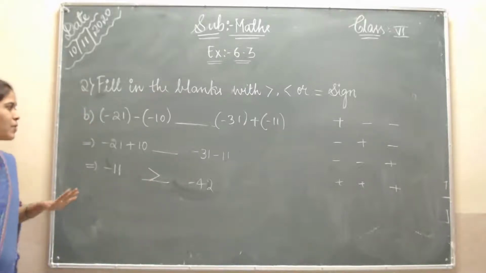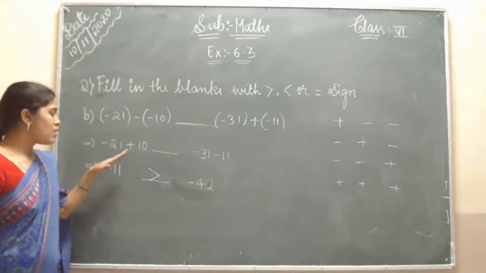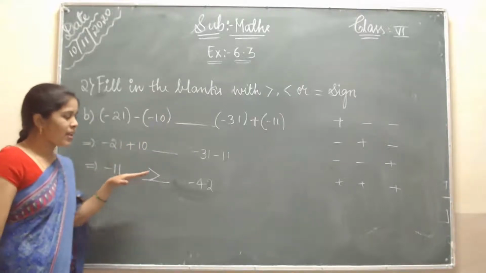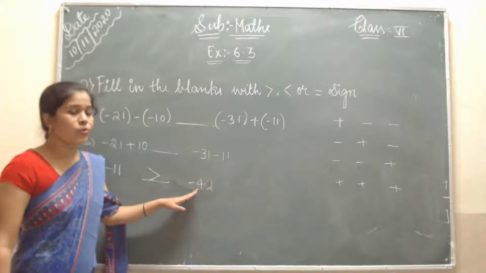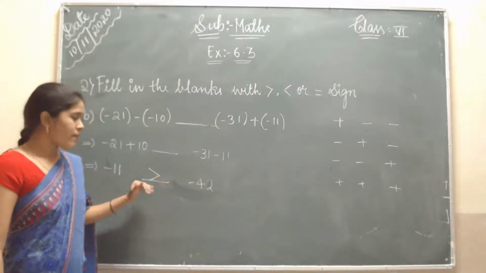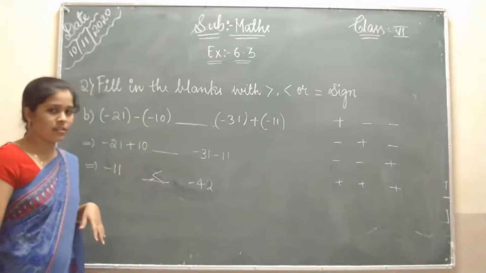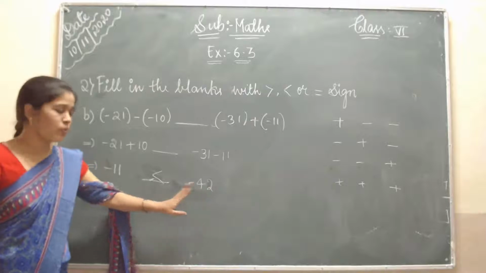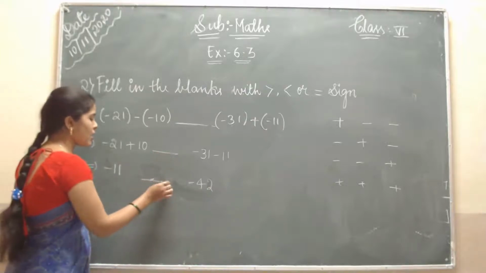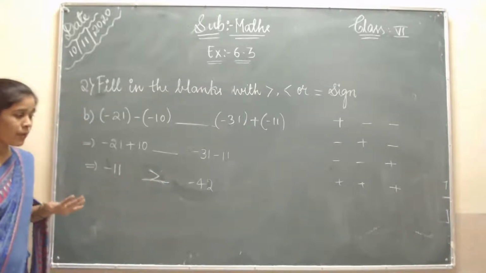Understood? Once again I will explain. Remove the brackets and, with the help of that rule, solve this. So here we get minus 11 and here we get minus 42. In these two numbers, which is greater? By observing the digits, you might say minus 42 is greater. No, you are wrong, because with negative signs, the smaller number is greater.